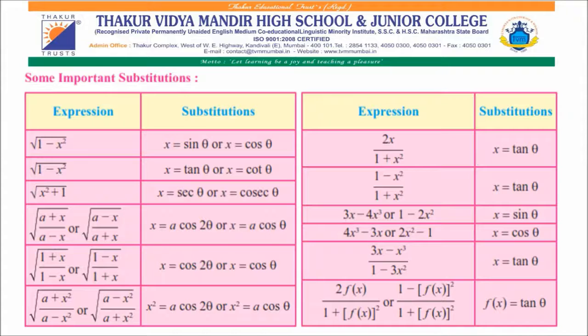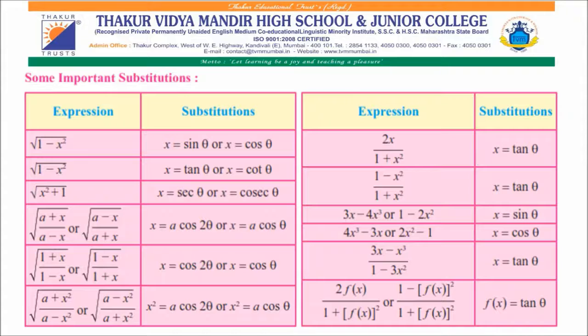Next is for the function involving expressions like 3x minus 4x cube or 1 minus 2x square, you have to take x equals sine theta. Then for expressions involving terms like 4x cube minus 3x or 2x square minus 1, you have to take x equals cos theta.